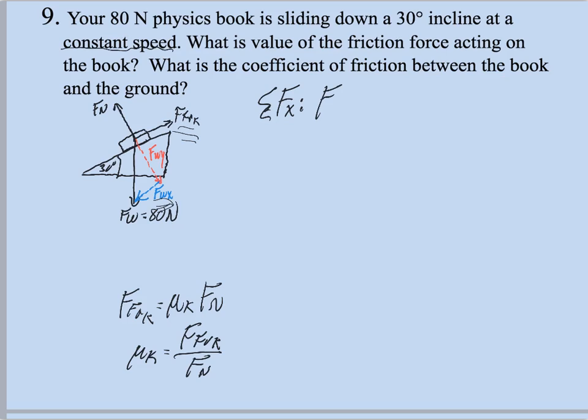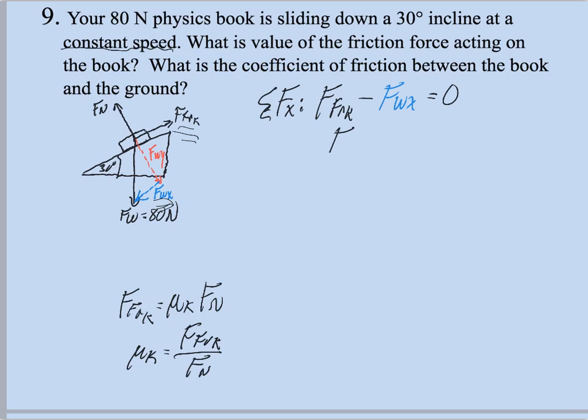So it's going to be friction force minus FWX. FWX is the x component of the weight vector. The reason I know that these would equal 0 if I subtracted them is because it's at constant speed. So I know that it is not changing direction, and I know it's not speeding up. I know it's not slowing down. I know it's at equilibrium. So we set those equal to 0.